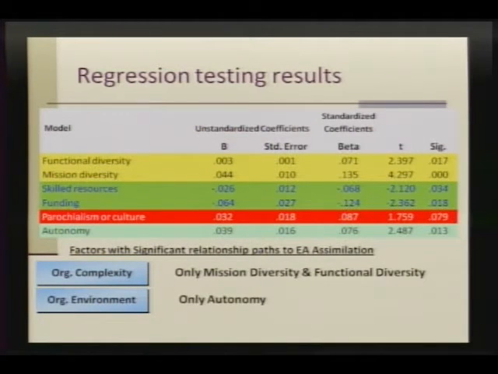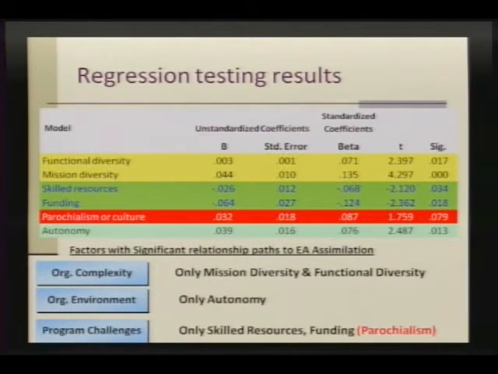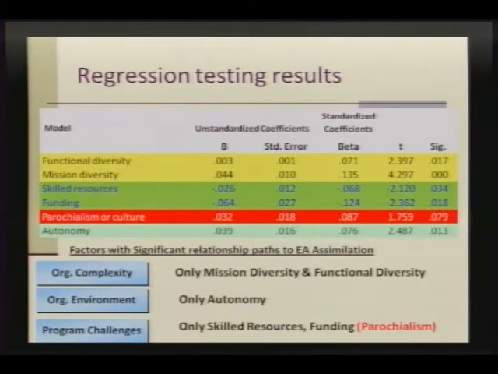Now, these are predictive power. And then, for the program challenges, skilled resources and funding. Now remember, parochialism or culture is in parentheses because even though it was significant, we said it was weak.